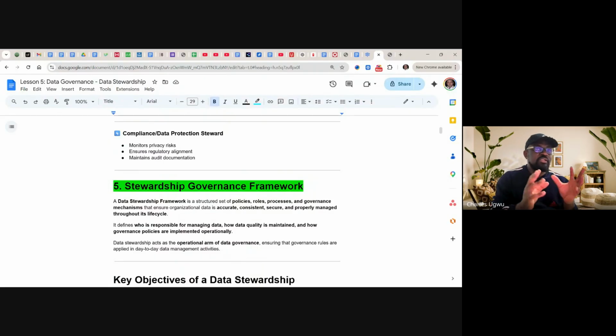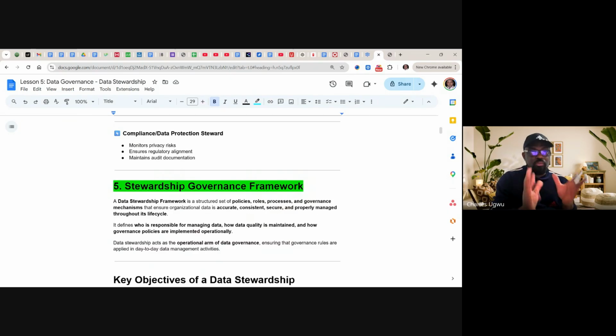Everything we are doing here is mainly regulatory and policies. We are kind of policy makers within the data. So the stewardship framework is a structural set of policies, rules, processes, and governance mechanisms that ensures organization data are accurate, consistent, and properly managed throughout the life cycle.